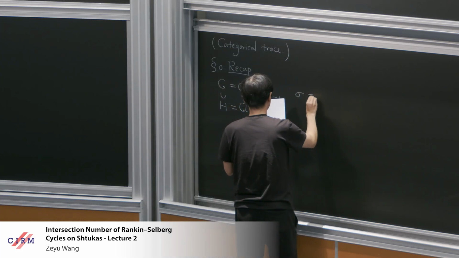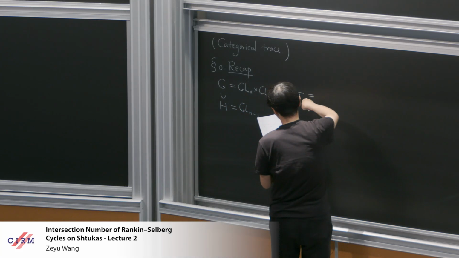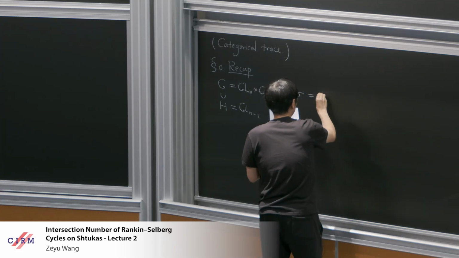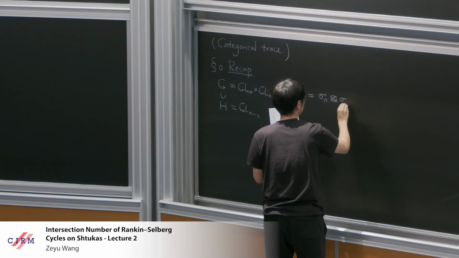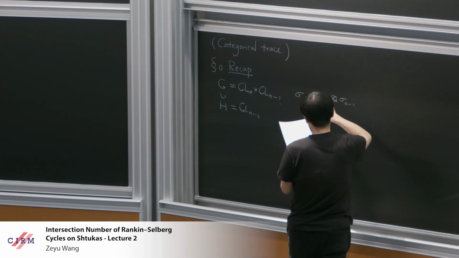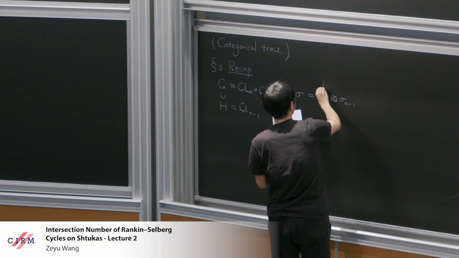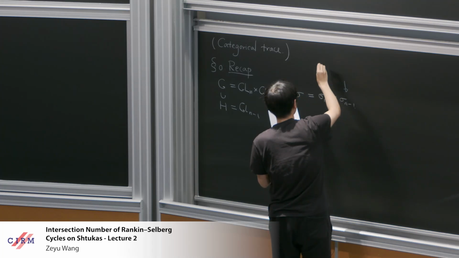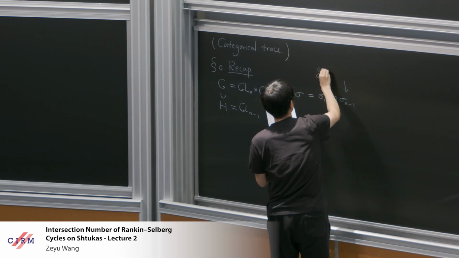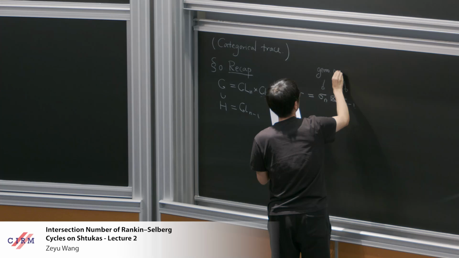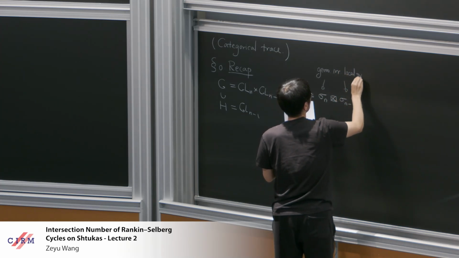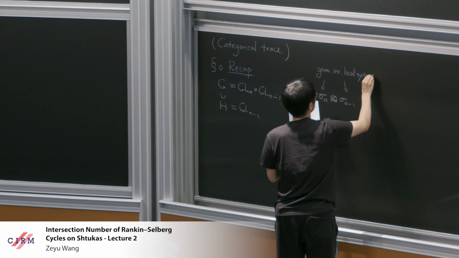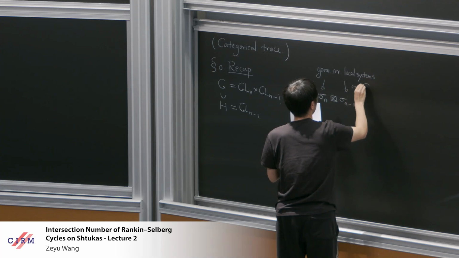And we fix a geometric, so we fix the local system sigma, which is a product of two local systems, sigma_n and sigma_{n-1}, which are geometrically irreducible local systems on the curve C.